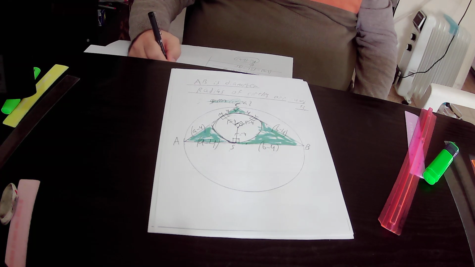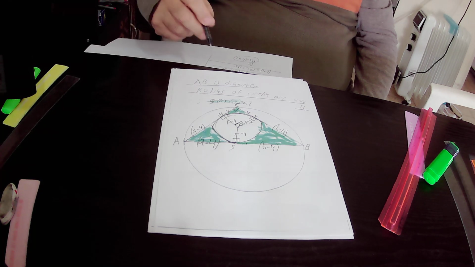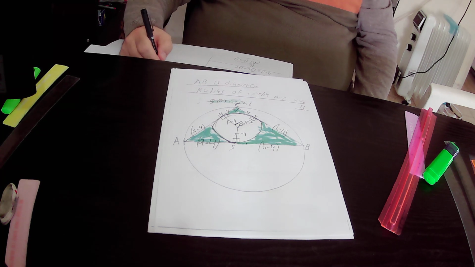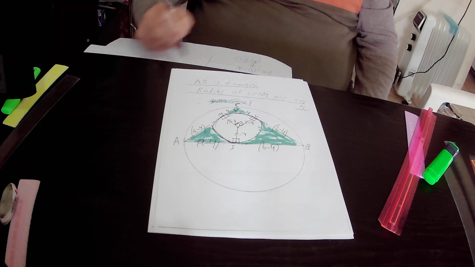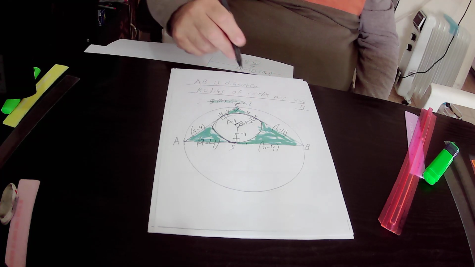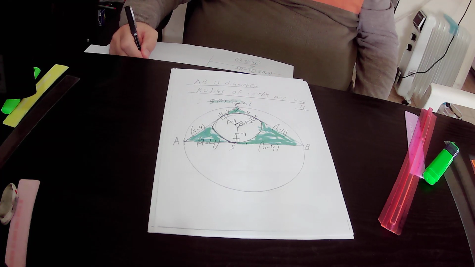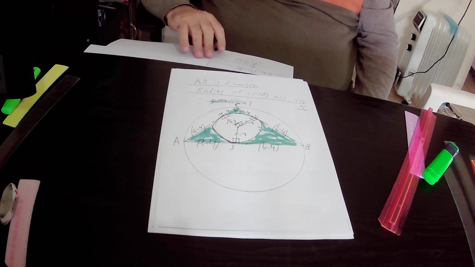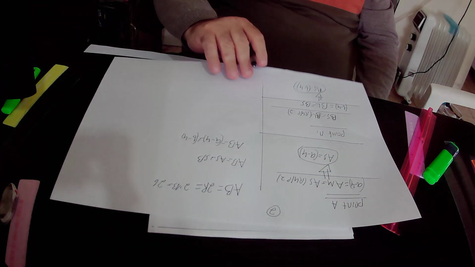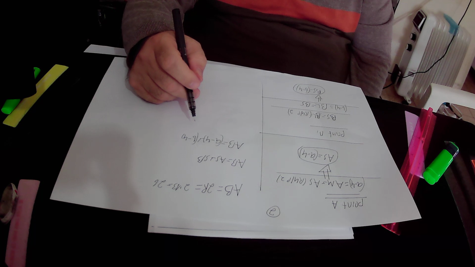So AB equals AS, that is A minus 4, plus SB. SB is B minus 4. So in conclusion, we found out that AB equals A minus 4 plus B minus 4.